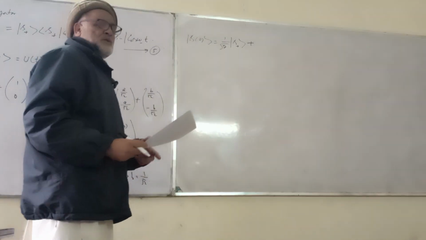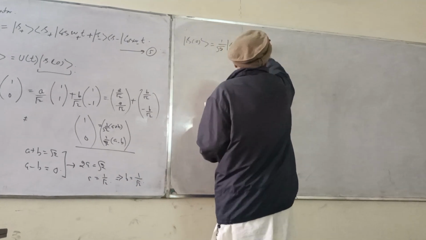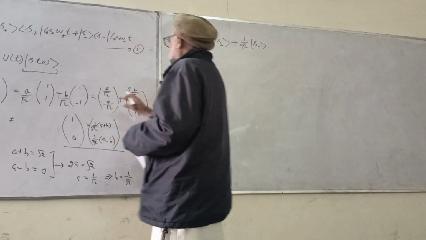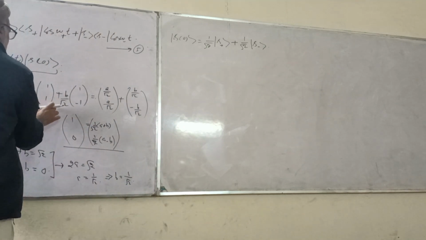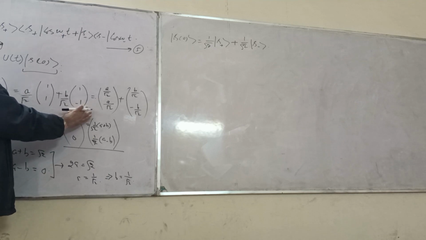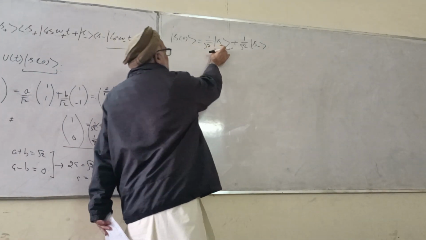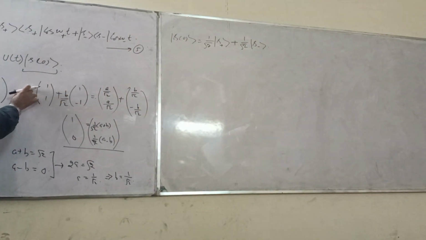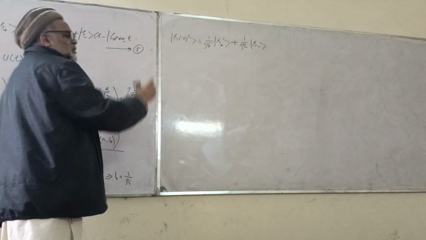And B is also equal to 1/2 square root, and S minus. And that is S plus. This is S plus, and this one is S minus. So I just wrote it here. And for A and B, I wrote that value, right?